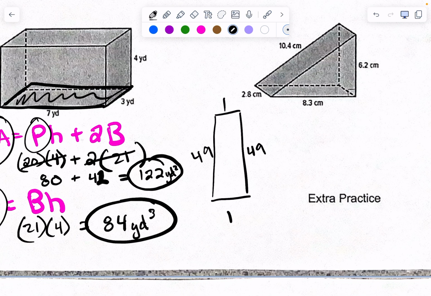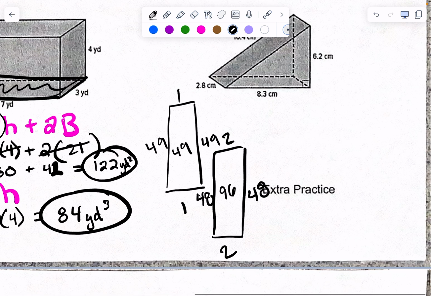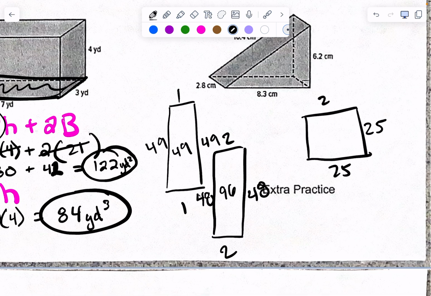That's 100 feet of fence, but the area is 49. Or I could go 2 by 48 by 2 by 48, and now my area is 96. What's going to be the most bang for my buck? 25 by 25 by 25 by 25, because 25 squared is way bigger.